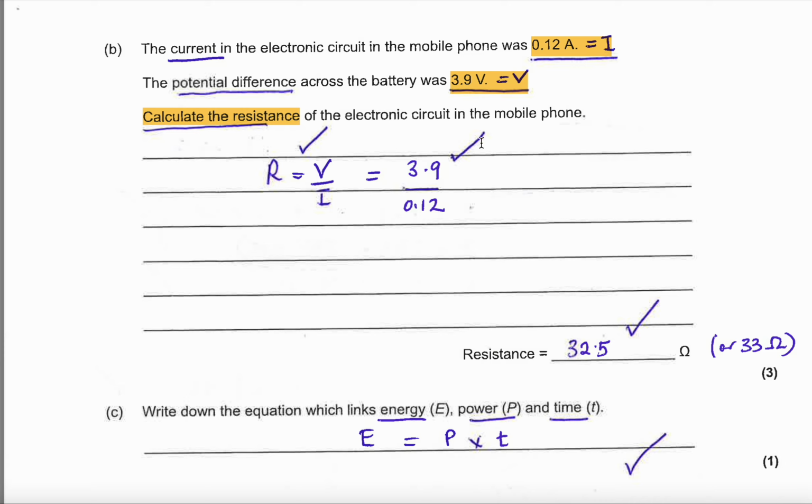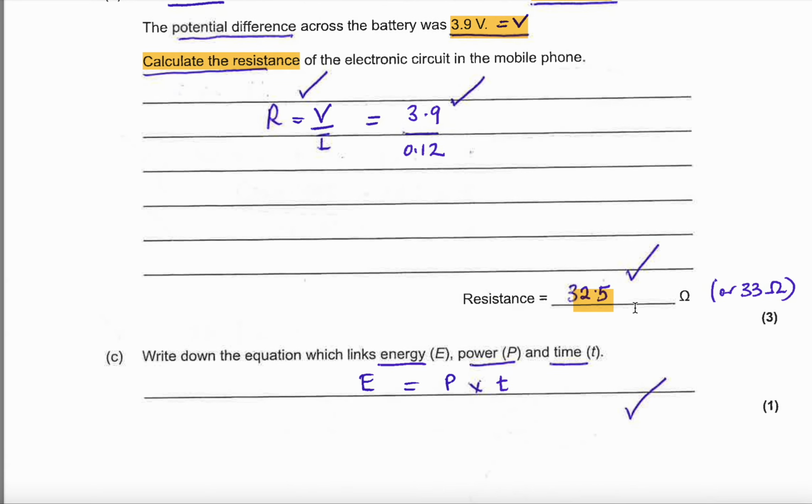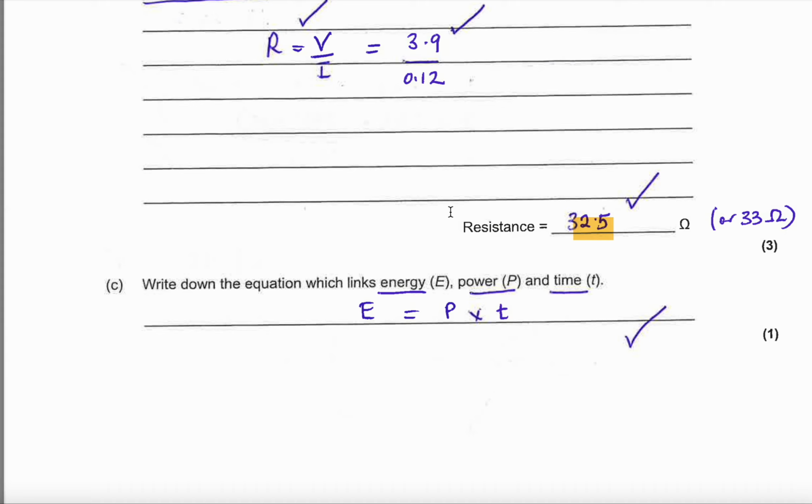So you divide the 3.9 volts by the 0.12 amps, and you should get an answer of 32.5 ohms. They've already given you the units, so it's 1 mark for getting the equation the right way around, 1 mark for putting the correct numbers in, and 1 mark for the answer. They would accept 33 as well because you've only got 2 significant figures in the data given.